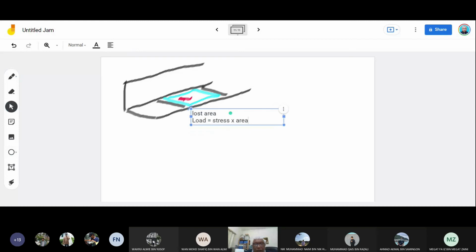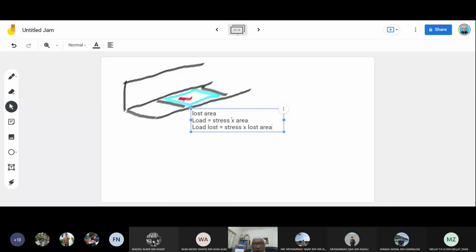So we already have load loss. If we multiply, the load loss is the stress times the lost area.